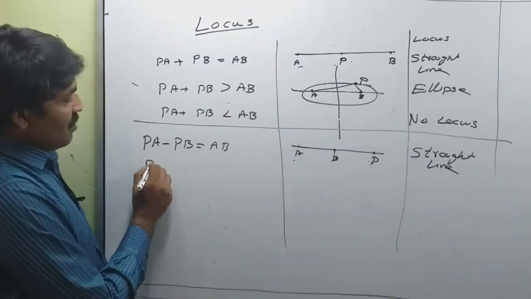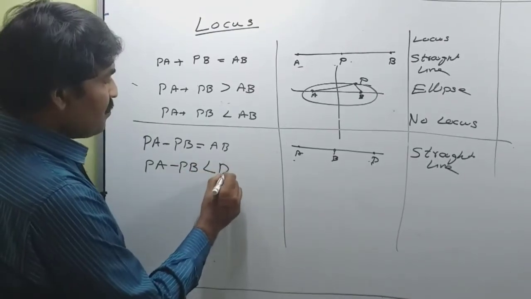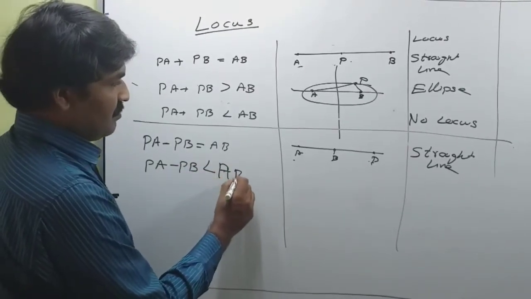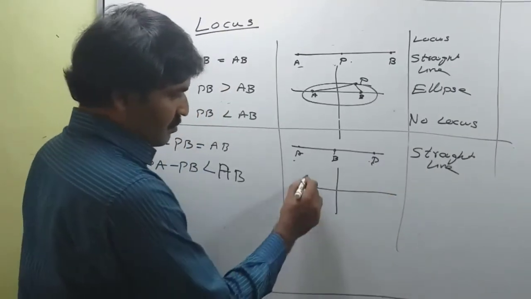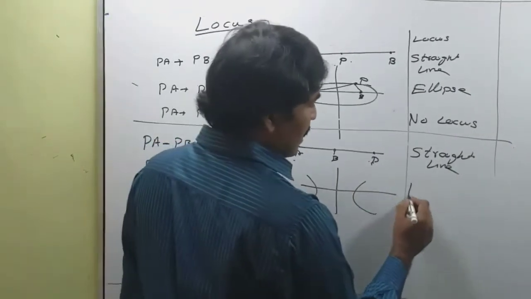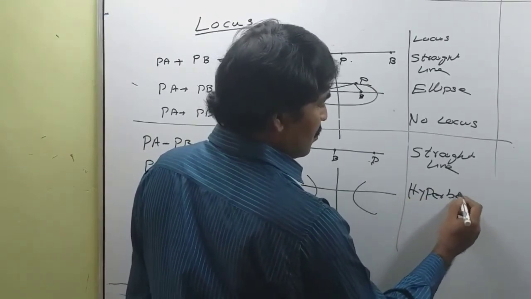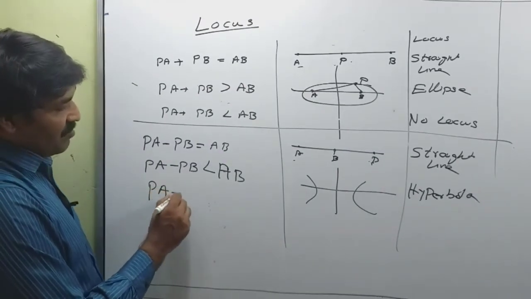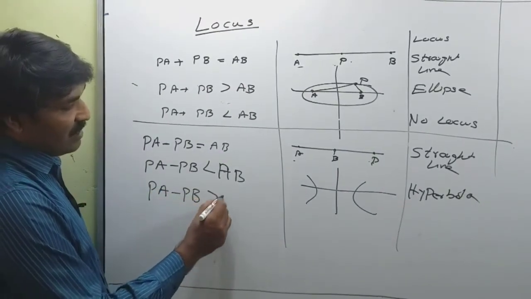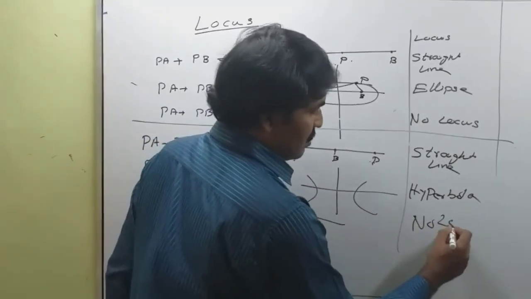Now if PA minus PB is less than AB, the locus is a hyperbola. If PA minus PB is greater than AB, this implies no locus.